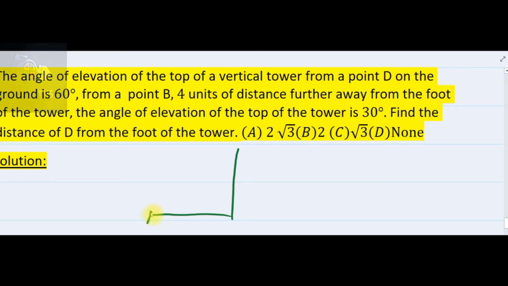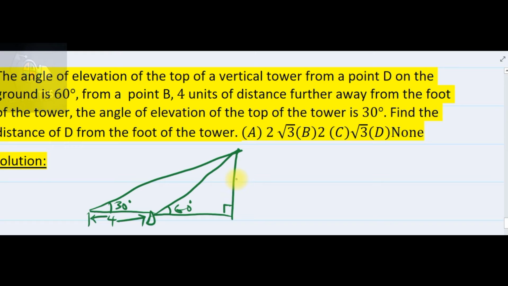So assuming here is D, the angle of elevation is 60 degrees. So they said from a point B 4 units further away, so we'll move. From here to here is 4 units. So the angle of elevation is now 30 degrees. So we're now asked to find the distance of the point from the foot of the tower.